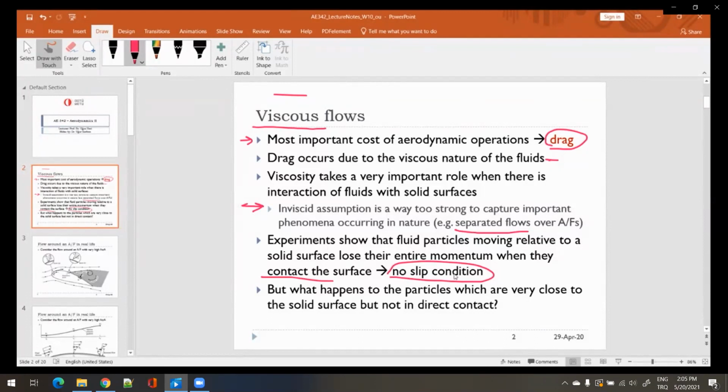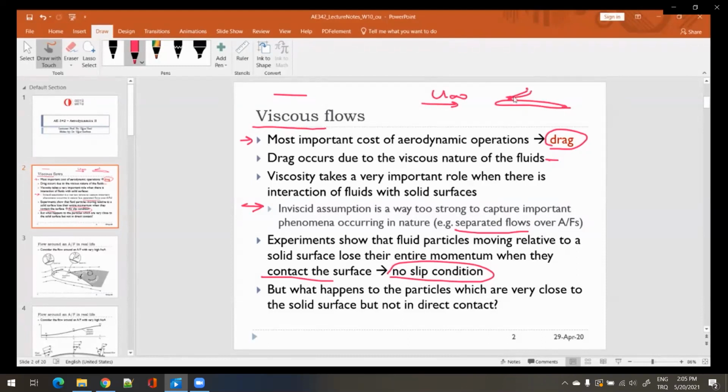That's the critical question. First of all, it doesn't go from zero to U infinity in a stepwise fashion. Does it go in a linear fashion, like a straight line? If this is our airfoil subject to this U infinity here, and the velocity is zero on the surface and U infinity up here, does it go from here to here in a linear fashion or following some other function?